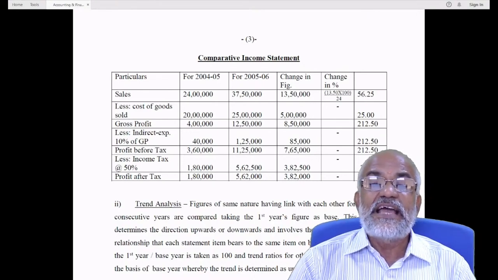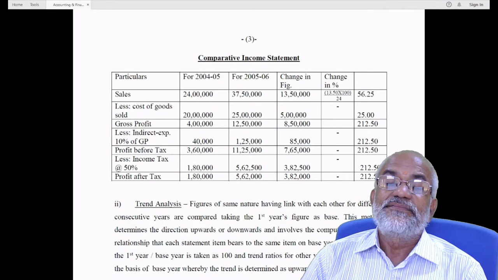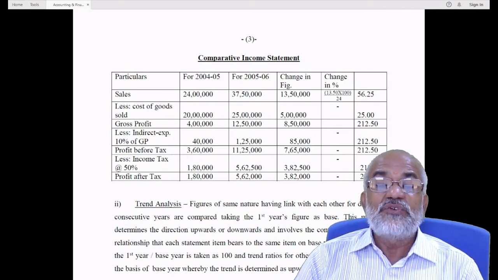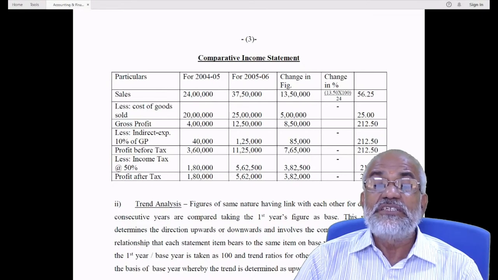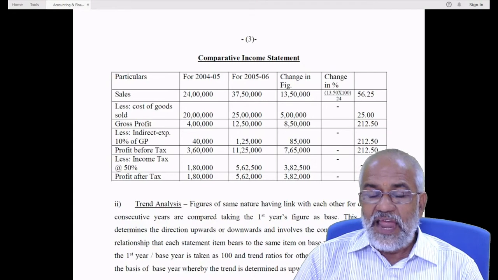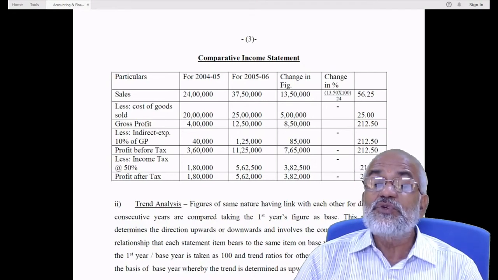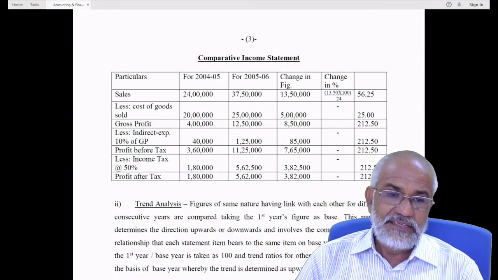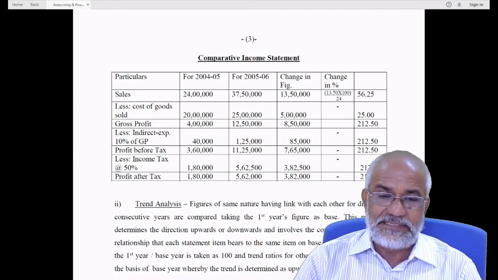And the difference would be 3,82,500. When 5,62,500 minus 1,80,000, it is coming 3,82,500. That is the absolute change in figures. And when you calculate the percentage thereof, it is also coming 212.50%. That is the profit after tax.